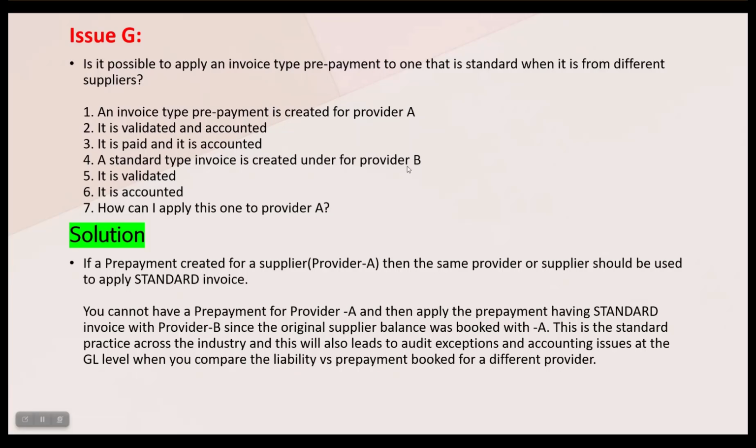I don't know if this might also work or not, but it's better that if the prepayment is for provider A, the standard invoice must also be for the same supplier, so we can audit correctly without any exceptions for the accounting in GL.